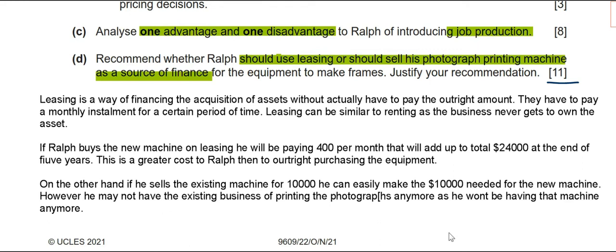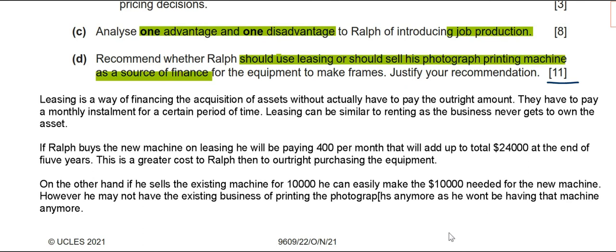However, at the same time, if he sells his existing machine, he will be letting go of the current customers that he has or the current market share that he holds, because that is specific to the printing part of his operations. Then again, the amount of money that he will be paying if he leases it will definitely add up to a lot more than what he has to pay right away.